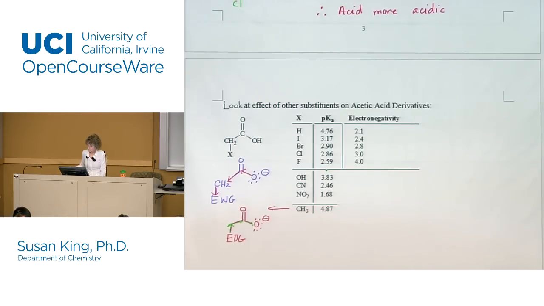All right, so to summarize this, let's label these guys here. Here we have increasing electronegativity. Increasing acidity.